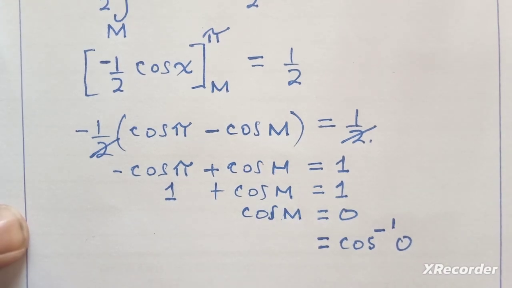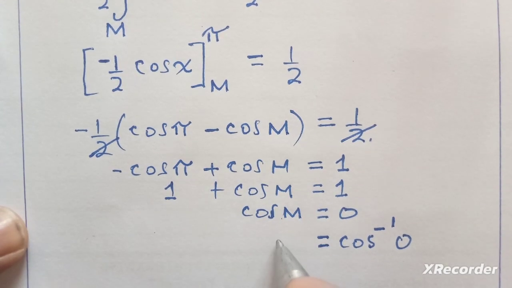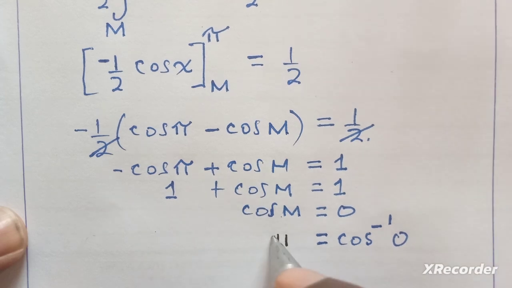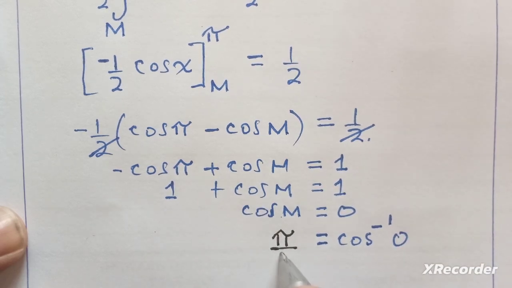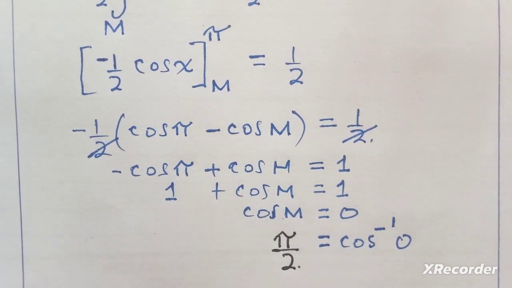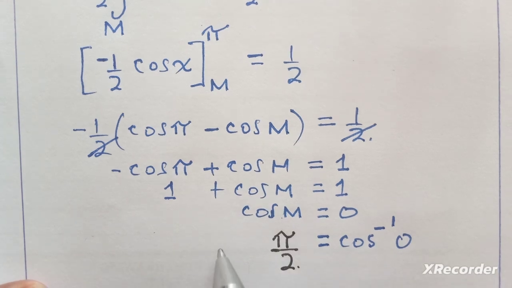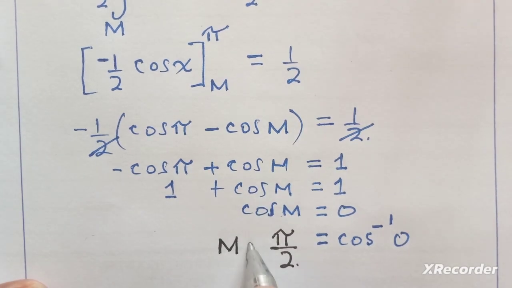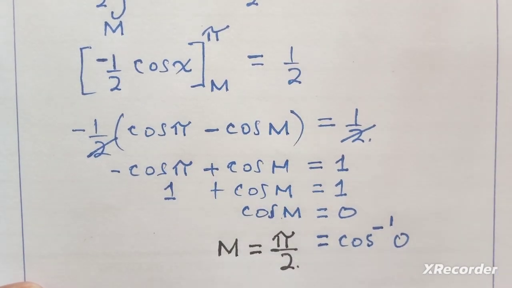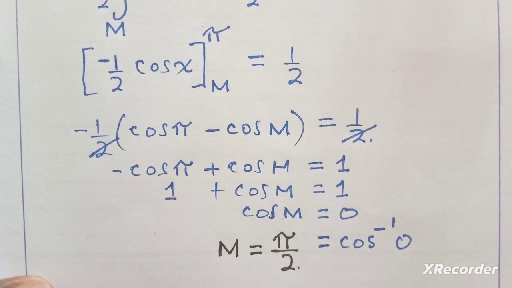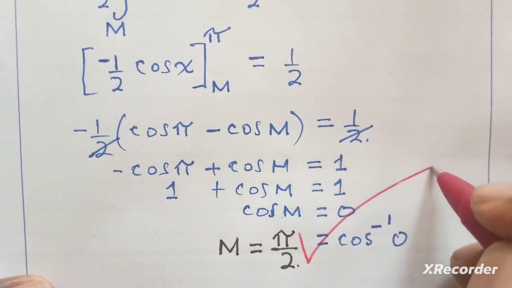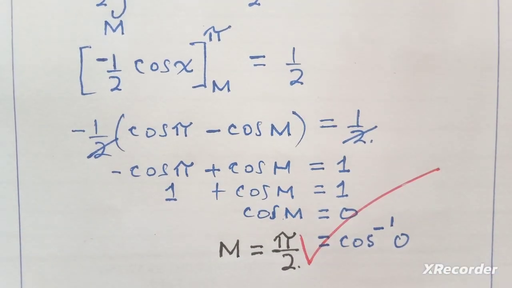So our answer, guys, is pi divided by 2, so that this is equal to m. That is our solution for m. And that's how you do it, guys.